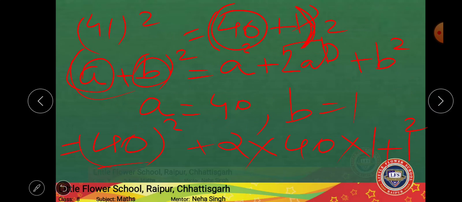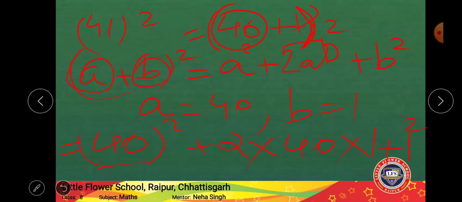I'll repeat the steps because in all the questions the steps will be the same. This is 41 square. I have written 41 square as (40 plus 1) whole square. Now this has come down to the formula (a plus b) whole square, which is a square plus 2ab plus b square. Value of a is 40, value of b is 1.